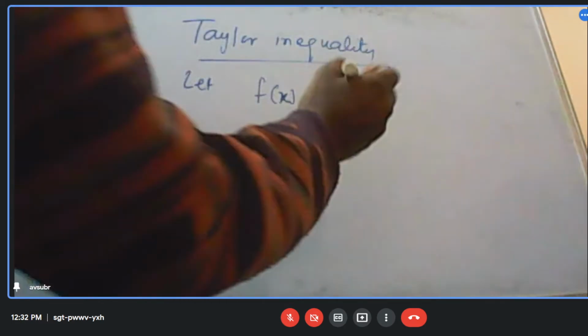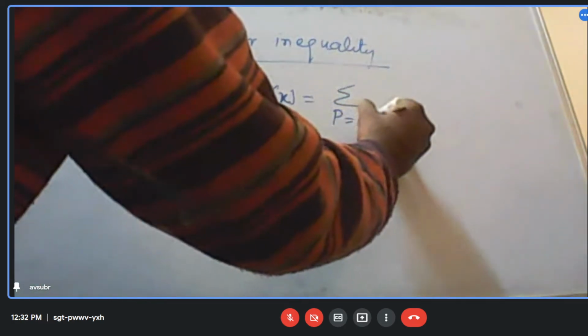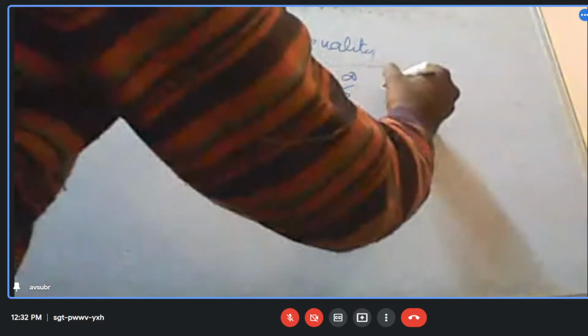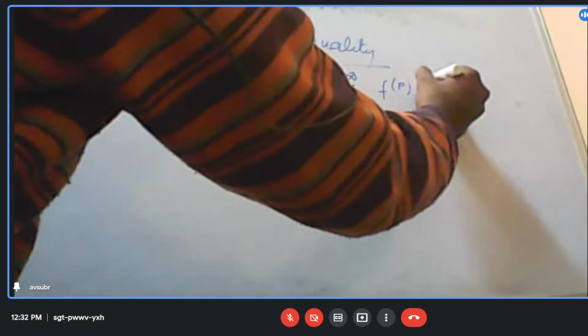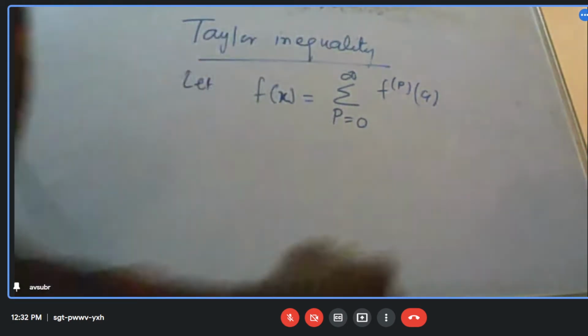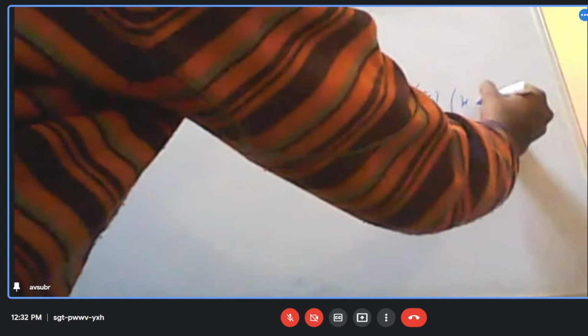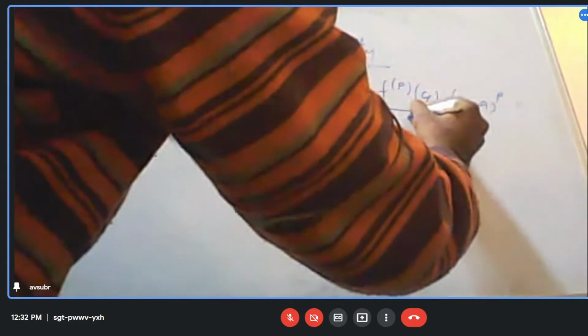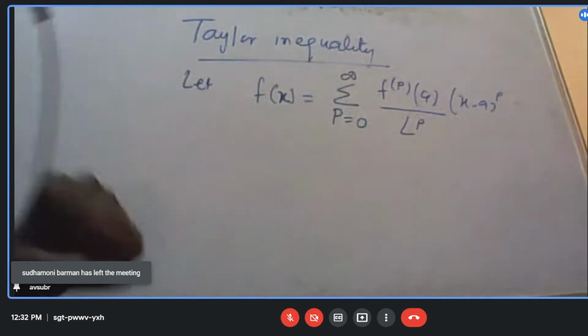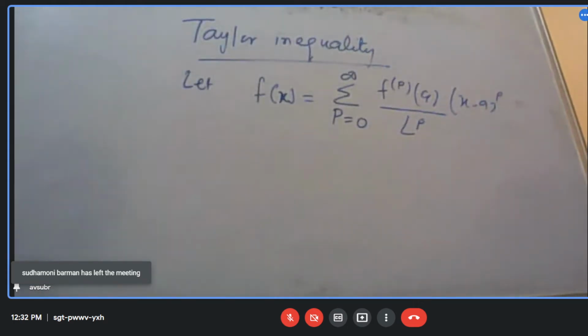Let us say p equal to 0 to infinity. This series will be given by f pth derivative at a into x minus a to the power p by factorial p. We all know it runs from 0 to infinity, an infinite series it is.